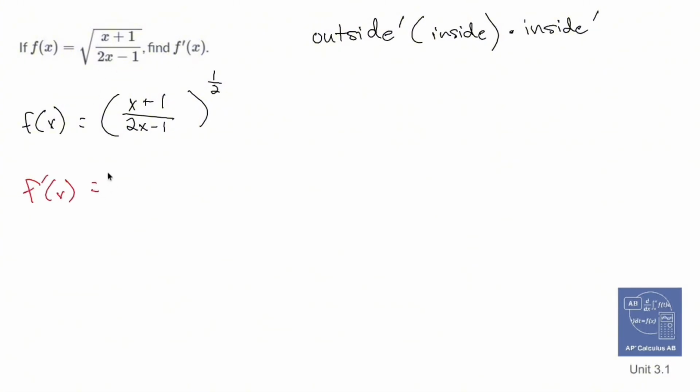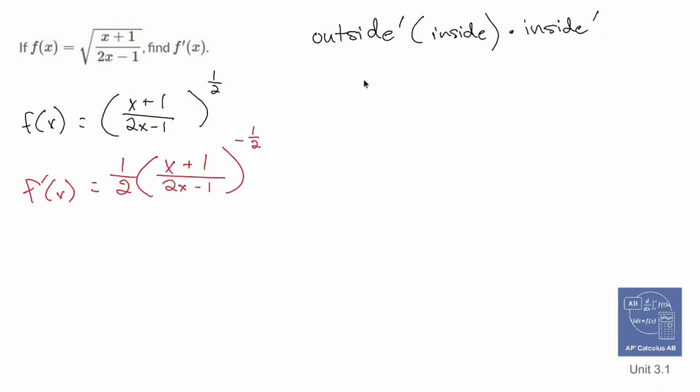Bring that 1/2 down. Okay, subtract 1 from the 1/2. Keep the inside stuff the way it is. And then multiply everything by the derivative of the inside stuff, which requires our good old friend, the quotient rule.